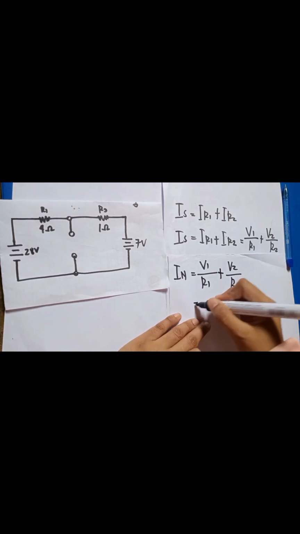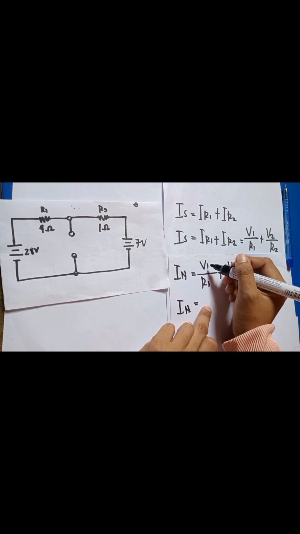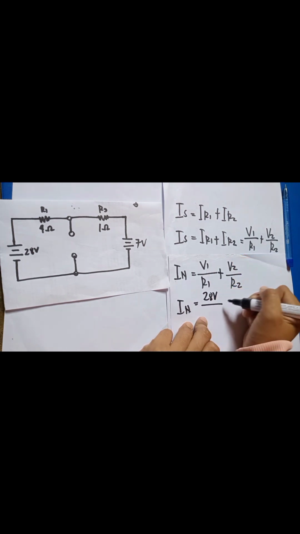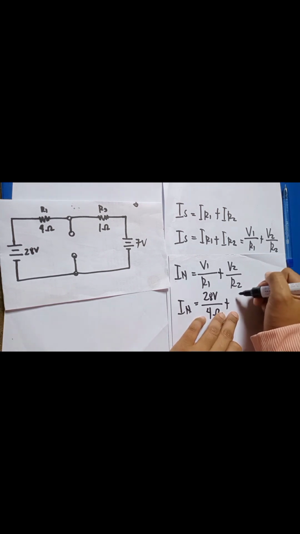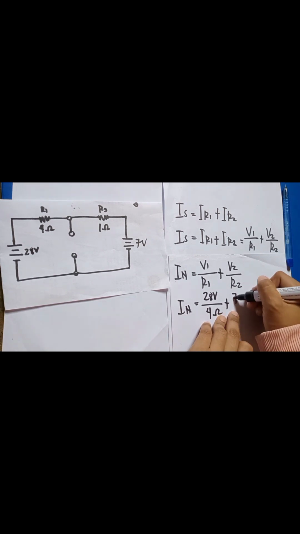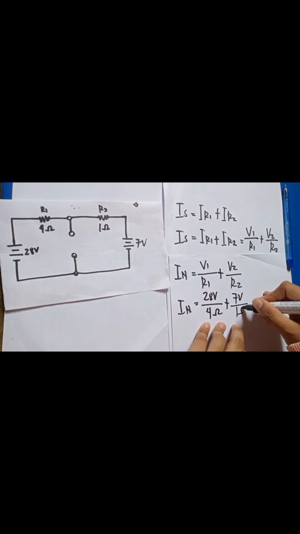So now, IN is equal to the value of V1, which is 28 volts, over the value of R1, which is 4 ohms, plus the value of V2, which is 7 volts, over R2, which is 1 ohm.